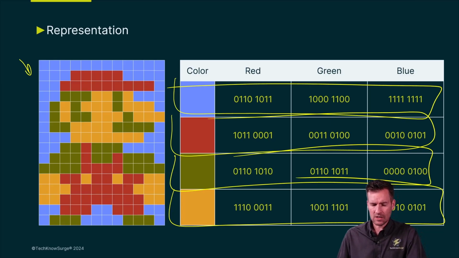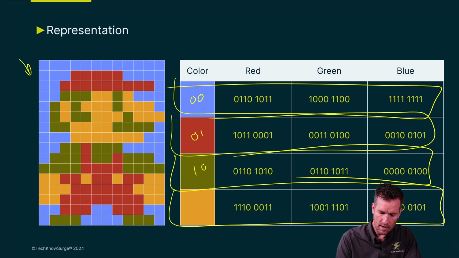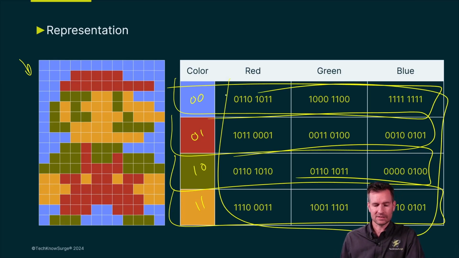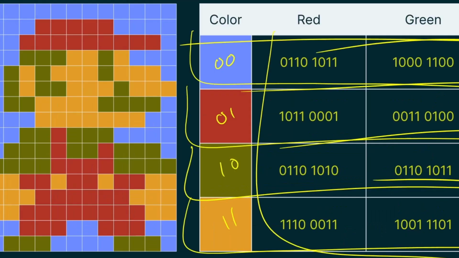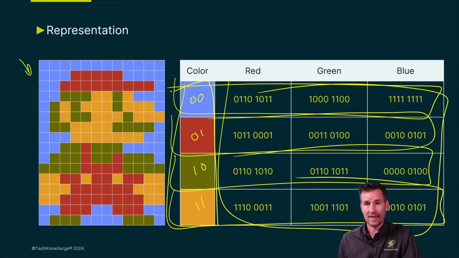What we could do is narrow this down to, let's say, 00, 01, 10, 11, and we specify these colors somewhere else. Now we can represent each one of these pixels with just 2 bits. All we need is 2 bits rather than 24 bits. What is that now?